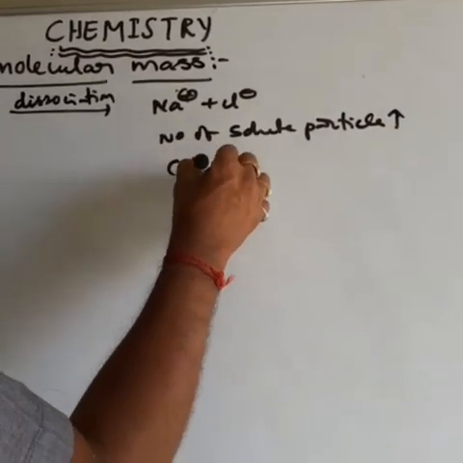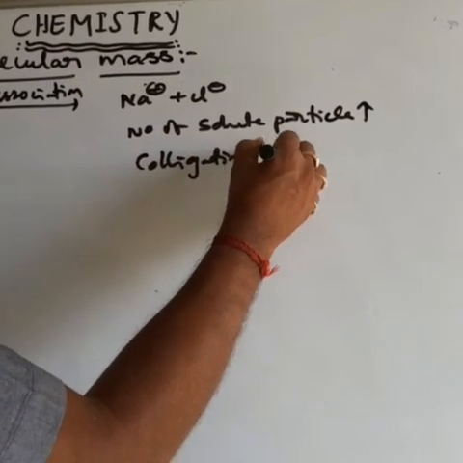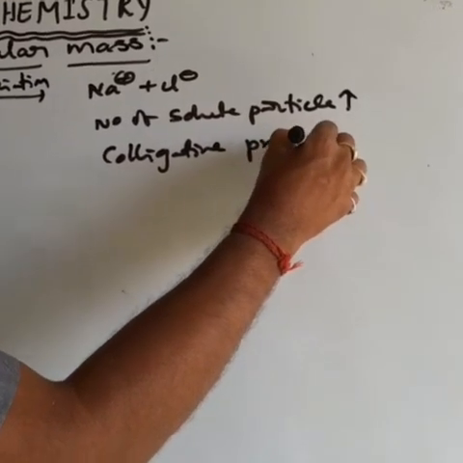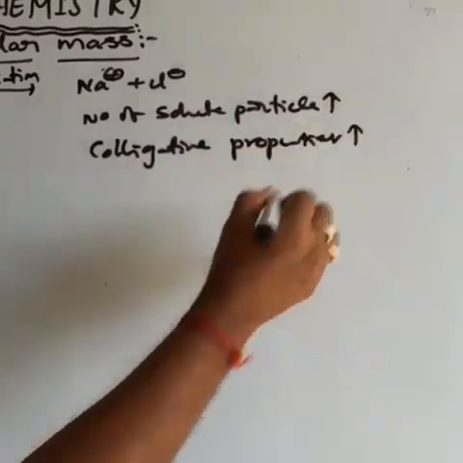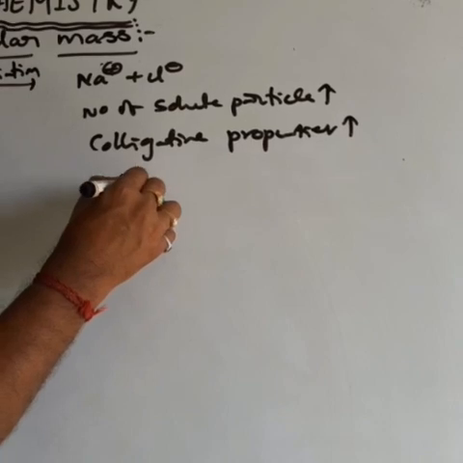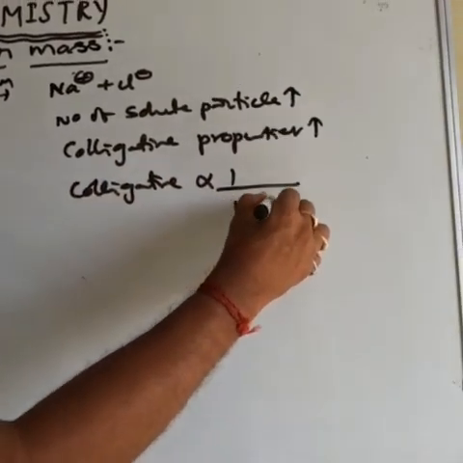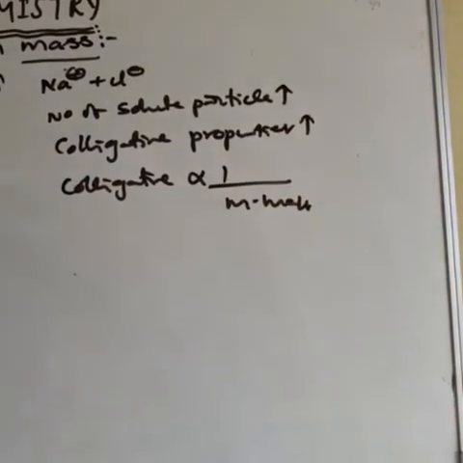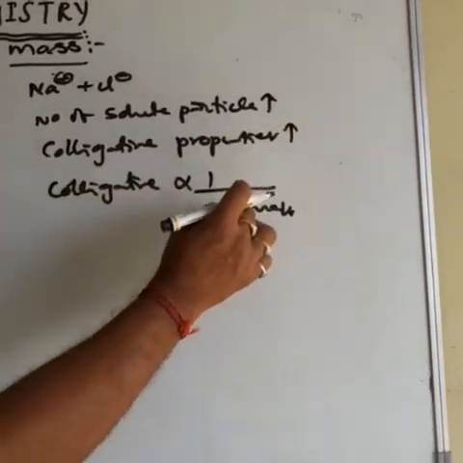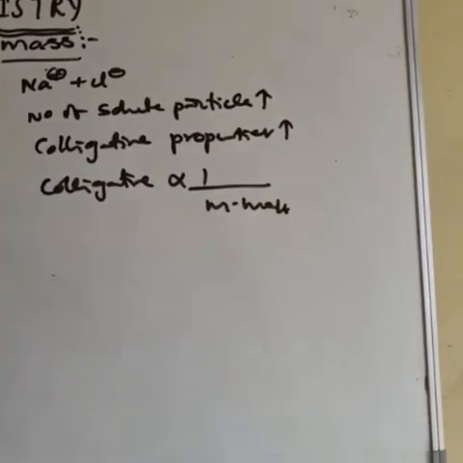Solute particles increase means the colligative properties also increase. But colligative property is inversely proportional to the molecular mass, so if colligative property increases, the molecular mass decreases.